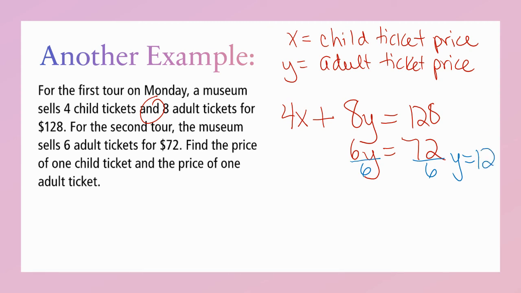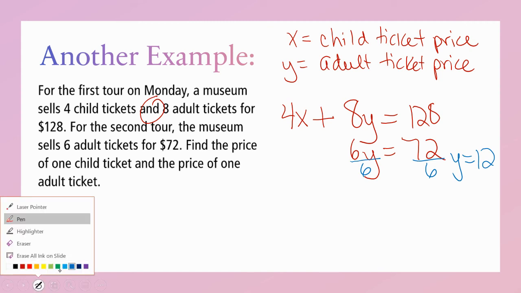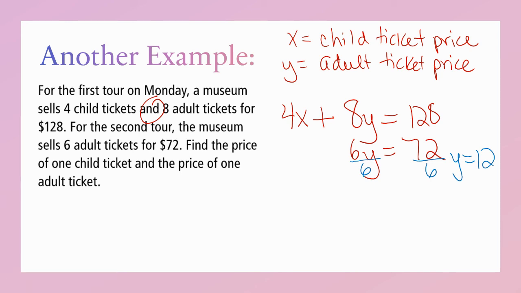So that's the first one. For the top equation, we again want to get that into slope-intercept form, which means get y alone. So we'll start with subtracting 4x to the other side, and then dividing every single thing by 8.